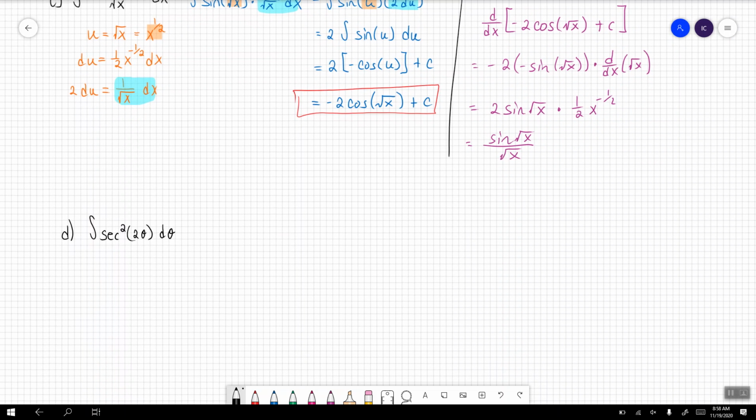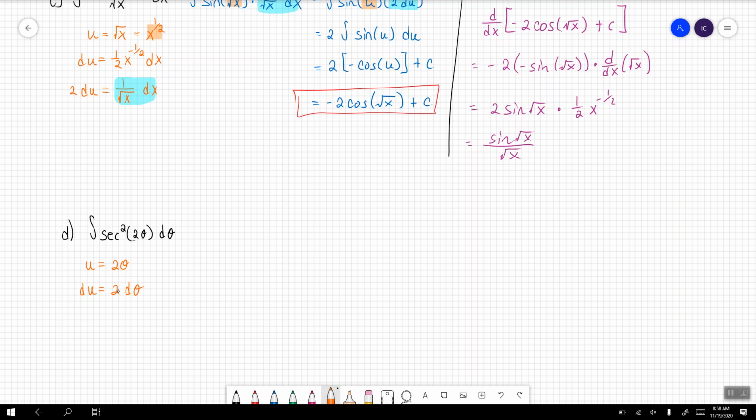So again, what I want to check here is, can I make a substitution? Meaning, is there a function composition taking place? And I do see something here: u is equal to 2 theta. And if I take the differential du, I will get 2 d theta.